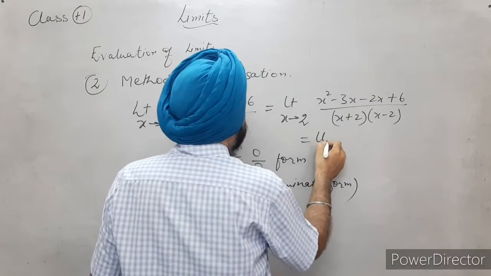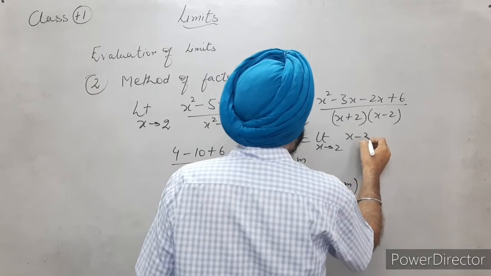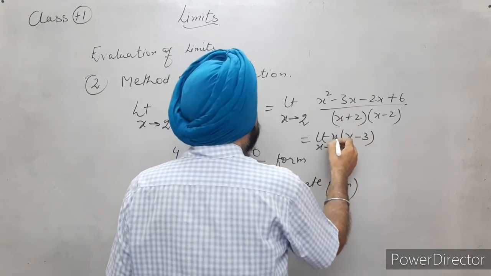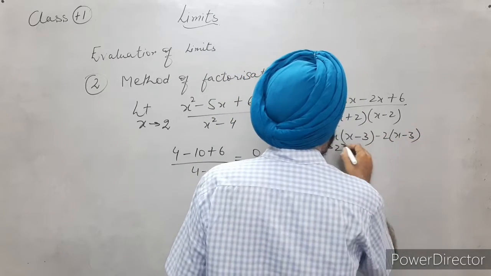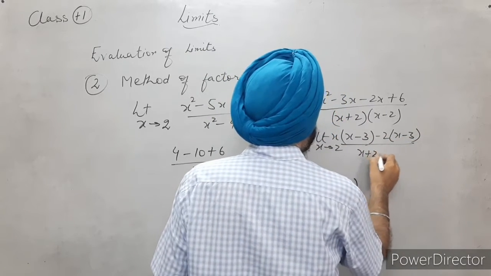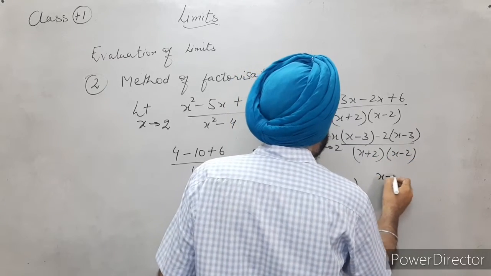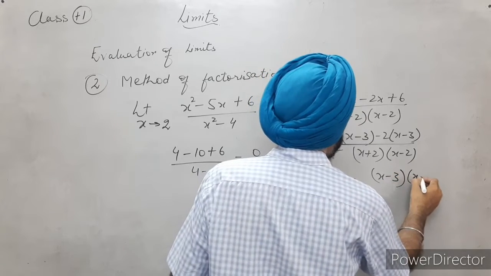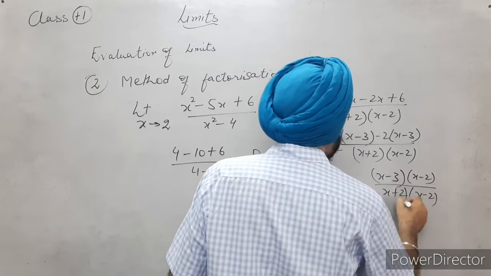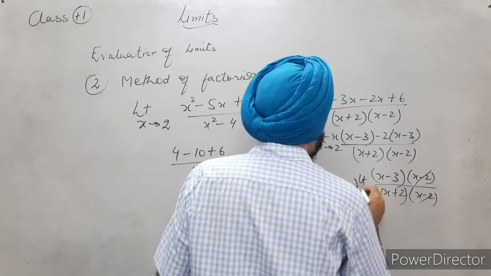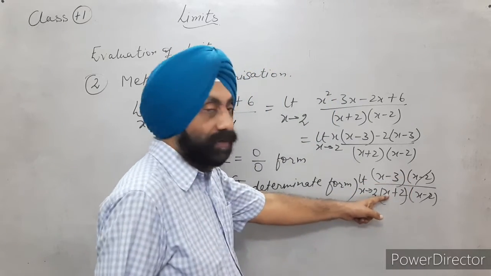Taking x common from the first two terms and minus 2 common from the next two, I get (x minus 3)(x minus 2) divided by (x plus 2)(x minus 2). The common factor (x minus 2) cancels out, so I get (x minus 3) upon (x plus 2).